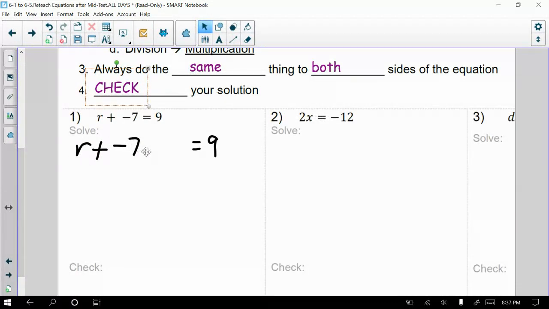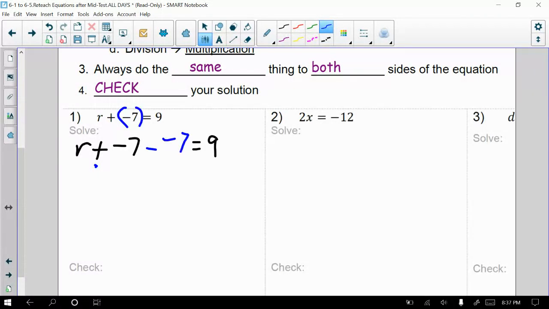I went ahead and started to rewrite the equation to show what I'm going to do next. The opposite of addition, we said, is subtraction. Now, this is the whole -7. If I write it like that, we know, because we learned this at the beginning of the year, do we subtract a negative number? We can't really do that. That's like taking away a debt.